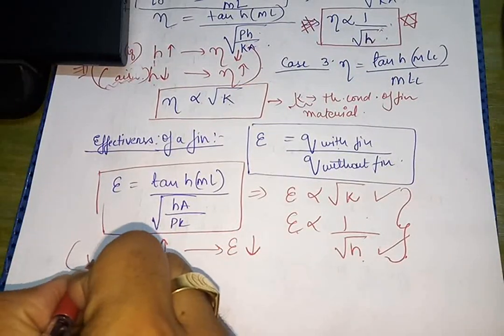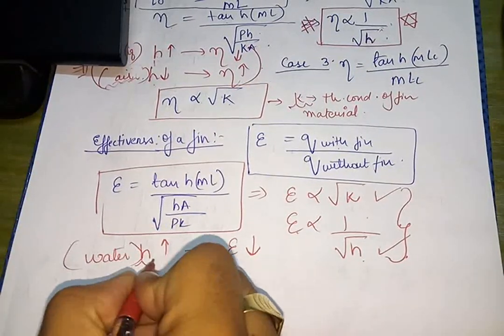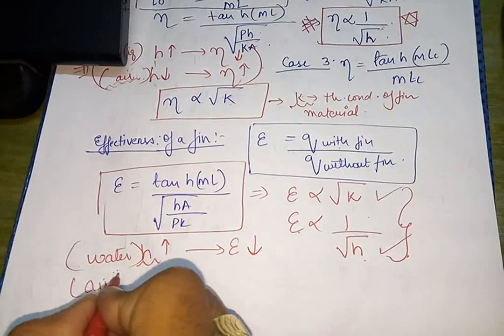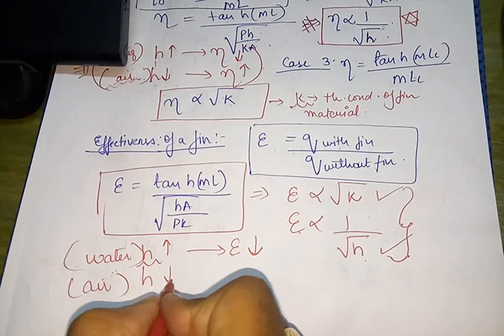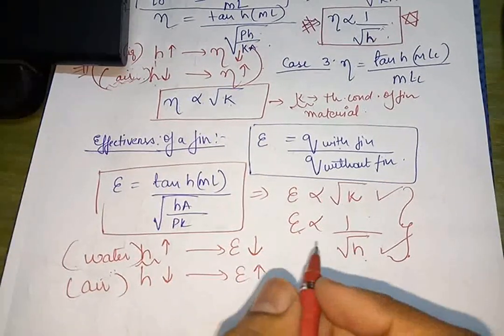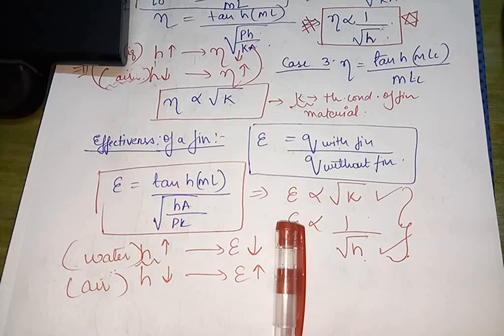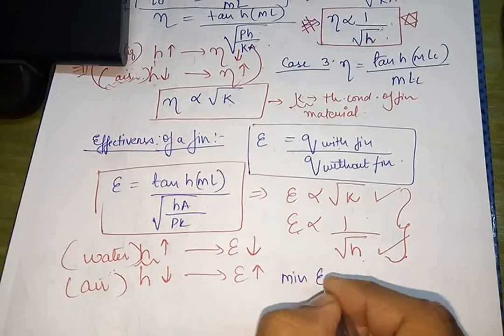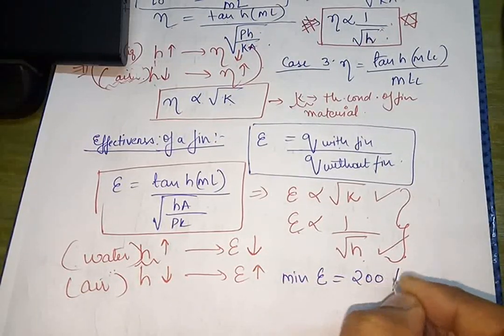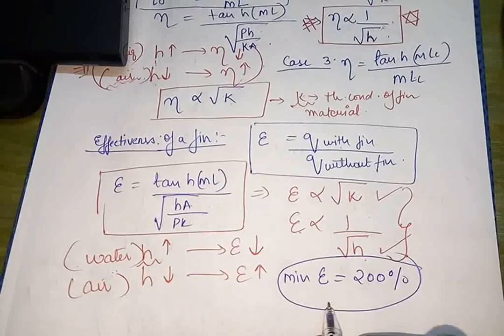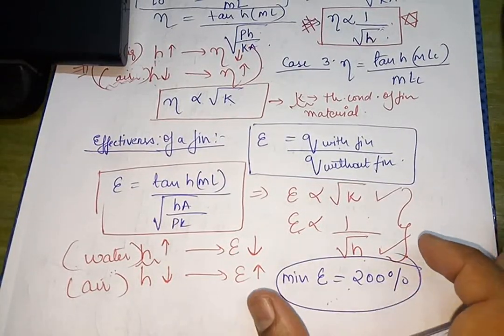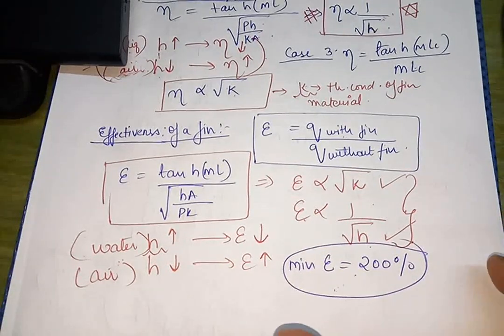More means in case of water, and that is why we generally do not prefer ambient surrounding as any liquid. If we have air, then the value of h is low and effectiveness will be large. One very important point to be noted here is that the minimum effectiveness should be nearly about 200%. If the effectiveness is not nearly 200%, then we do not go for fins.